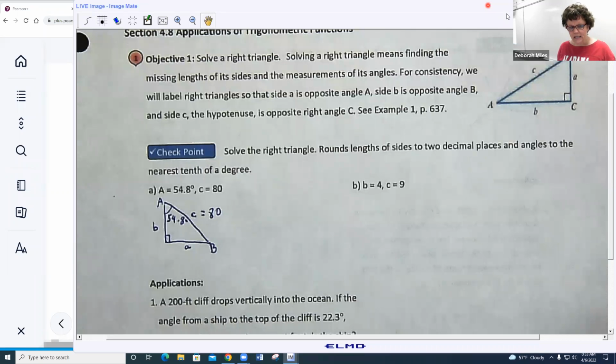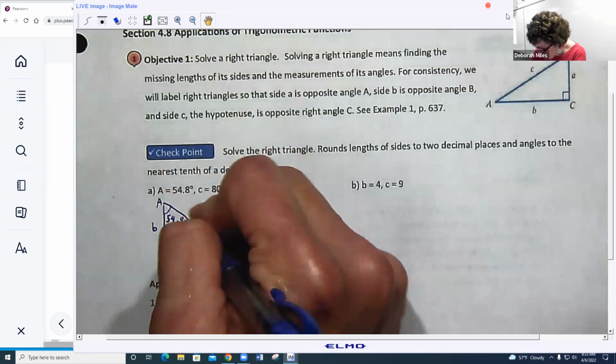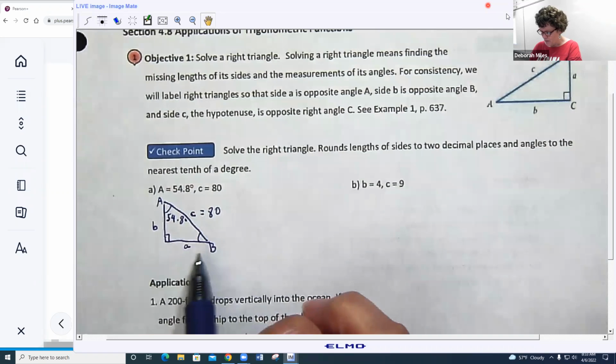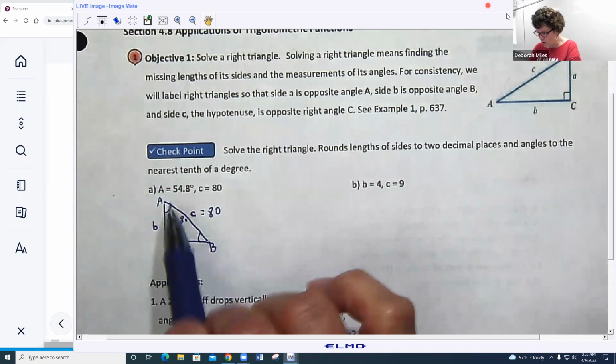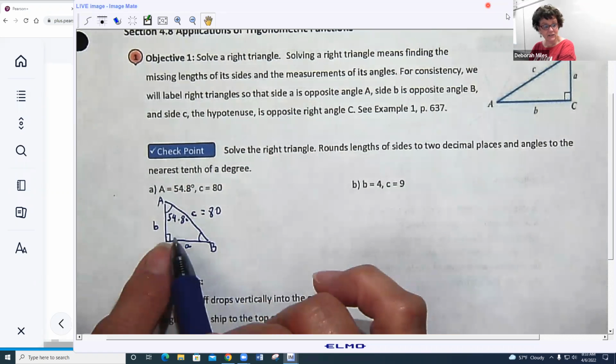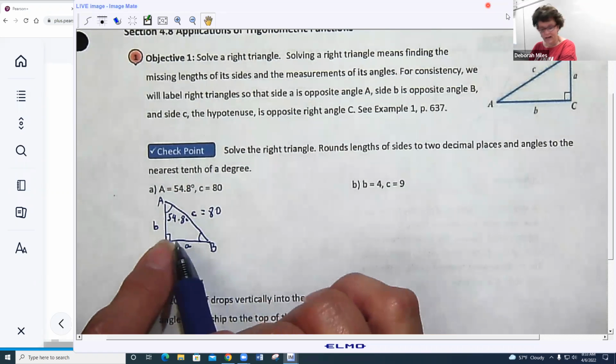Do you see anything that looks like it would be easiest to find first? It'd be easy to find this angle if we know that any triangle has 180 degrees in its interior angles. 90 is already accounted for by this right angle.